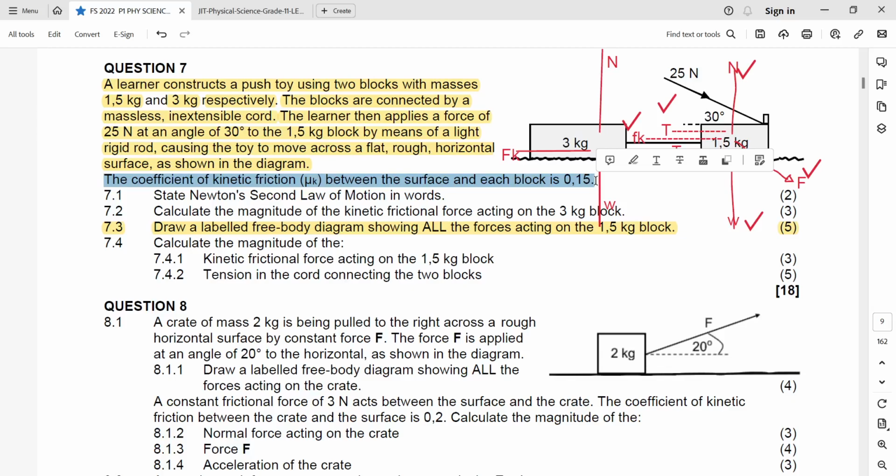So we can use it on any of the two. So let's get into details. Then how do we win here? The first question says: State Newton's second law of motion in words. You know it. If you don't know it, then you are wasting our time teaching you.